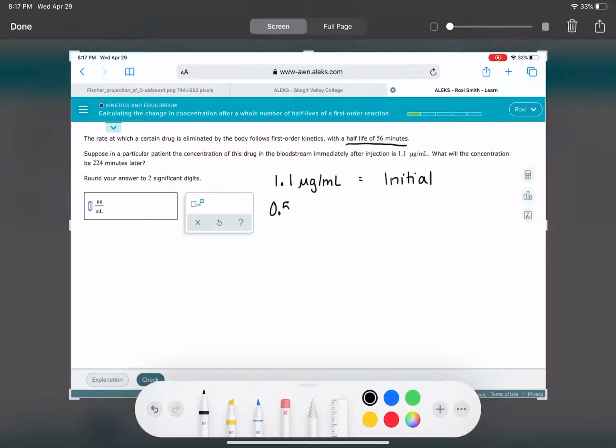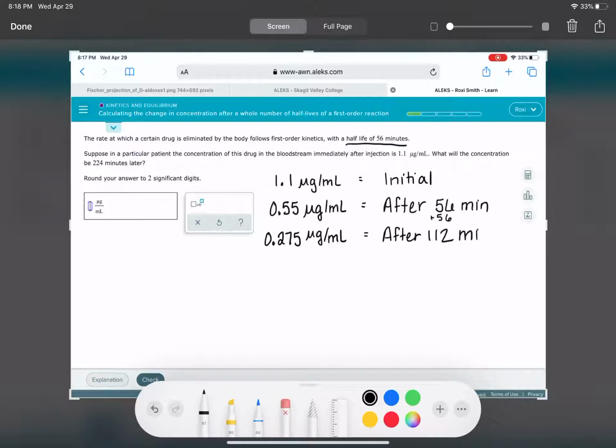So 1.1 divided by 2 is 0.55 micrograms per milliliter, and that is after one half-life, which is 56 minutes. And now we're going to go again for another 56 minutes. Divide 0.55 by 2. That's going to give you 0.275 micrograms per milliliter. And after another 56 minutes, we have 112 total minutes gone by.